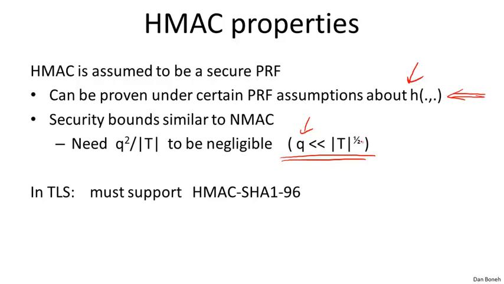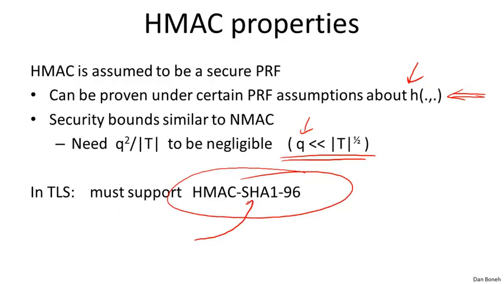And as a last point about HMAC, I'll tell you that the TLS standard actually requires that one support HMAC SHA-1-96, which means HMAC built from the SHA-1 function and truncated to 96 bits. SHA-1, remember, outputs 160 bits, and we truncate to the most significant 96 bits. Now you might be wondering, remember we said before that SHA-1 is no longer considered a secure hash function, so how come we're using SHA-1 in HMAC?